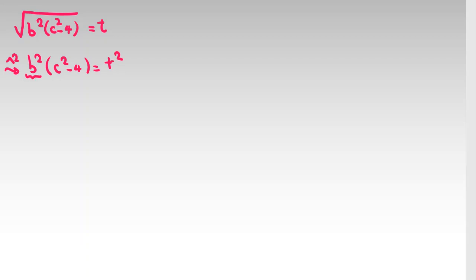So the square root of b squared times c squared minus 4 should be an integer, for example t. Raising to the power of 2, b squared times c squared minus 4 should be a perfect square. When you have a perfect square multiplied by something that is a perfect square, for example 4 times x equals 36, x will be 9.